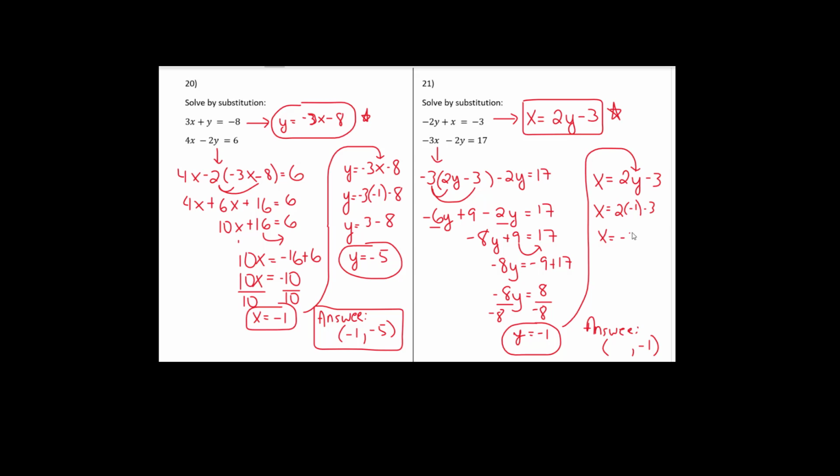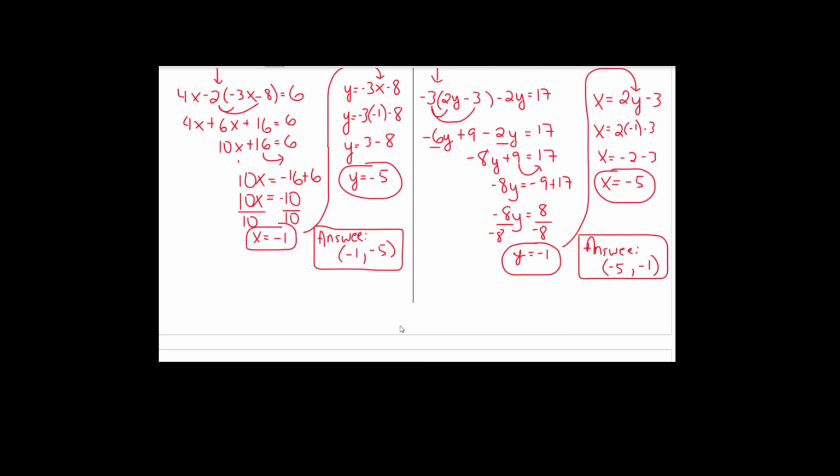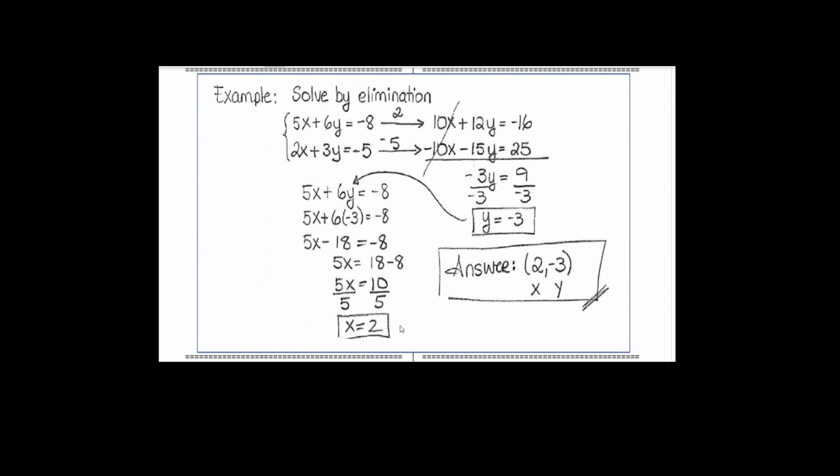So this would be negative 2 minus 3. x equals negative 5. So the answer is negative 5, negative 1. And there we go. Okay, very good. Let's go on to the next problem.